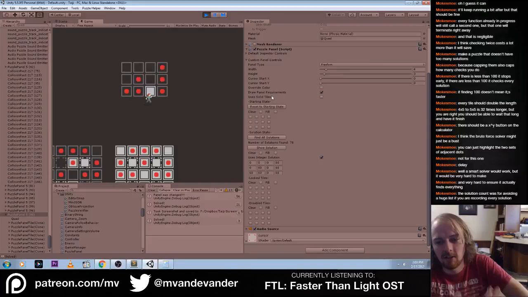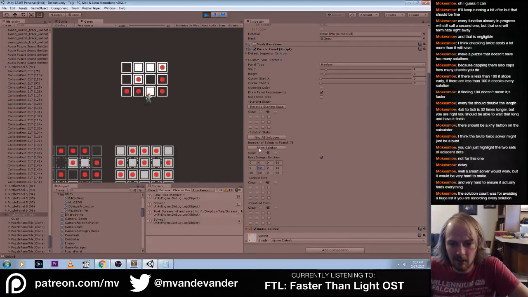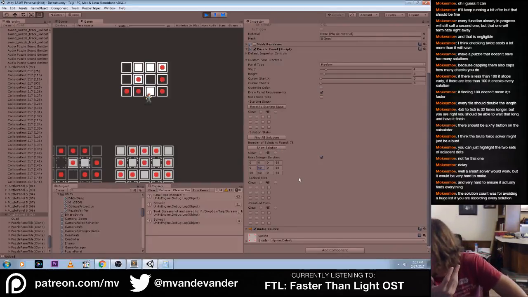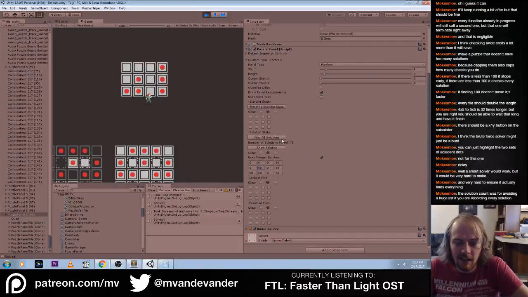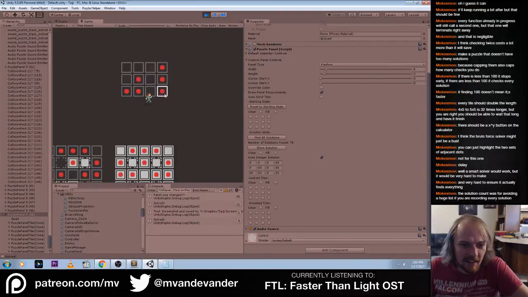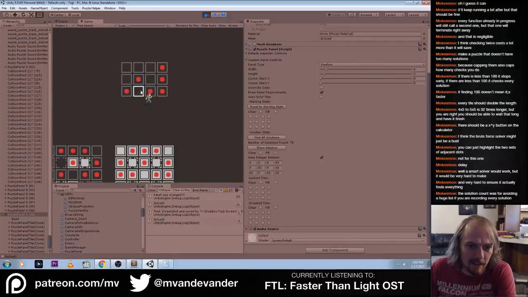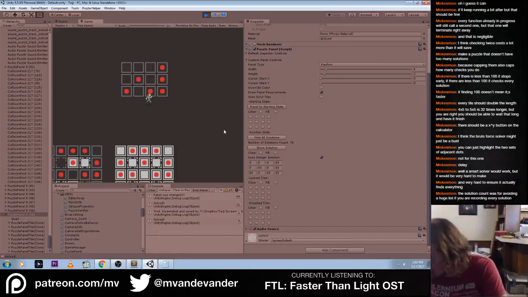The question is, should I have a little thing that lets me go to the next solution or previous solution, instead of just this? Thoughts, Mokismo? I already find myself tempted to just hit the button there, and I don't know that it's that helpful to me, because then I just want to hit this thing because that's what I spent time on.